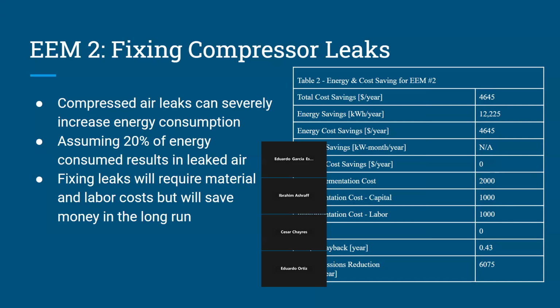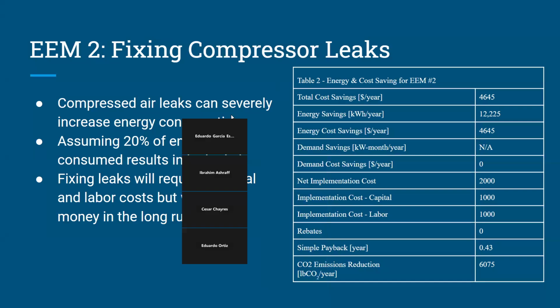So basically, we're proposing to fix all the leaks for all the pipes and the compressors, and we're estimating about a total cost of $2,000. 1,000 comes from capital, and the other 1,000 comes from labor costs. But the nice thing about this is once it is fixed, the payback is less than a year. It's about half a year to get that money back from just saving on energy for the compressor by fixing these leaks.